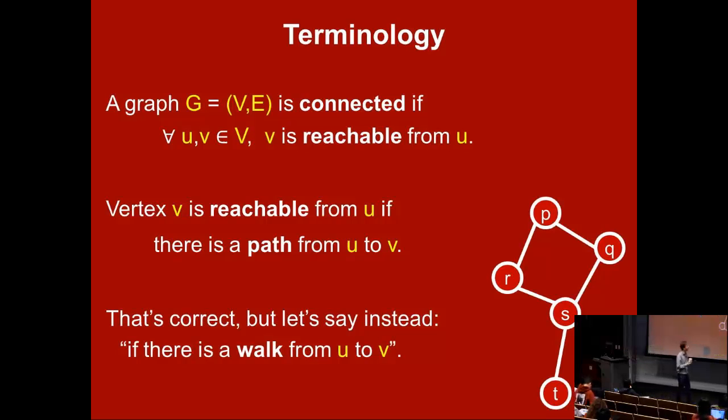Okay, so terminology. Here's an example graph. Actually, how should we define when a graph is connected? Can somebody suggest a definition? Somebody in the back half? Come on, you've got to be able to suggest a definition for when a graph is connected.